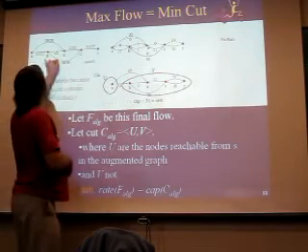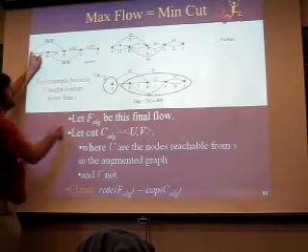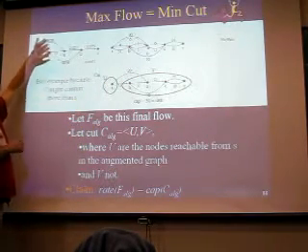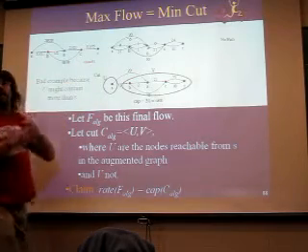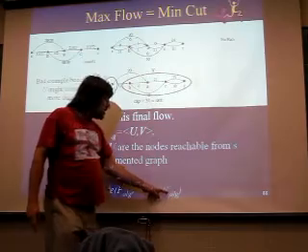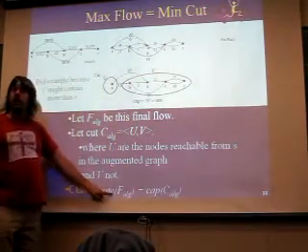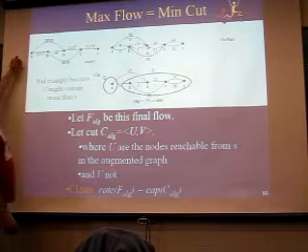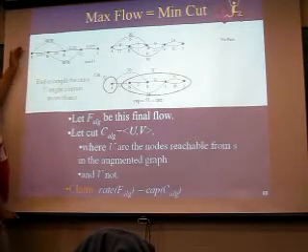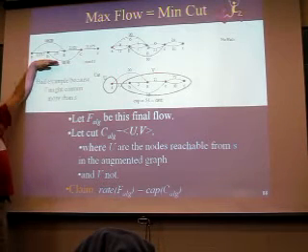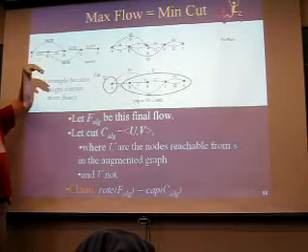Here's a capacity of 31, and this guy has a capacity of 20, so the value of this cut is 51. And the key is the capacity of this cut is going to equal our current flow. Why is that? It's because edges going forward across the cut will be at capacity, and any edges coming back across the cut will have zero flow in them.